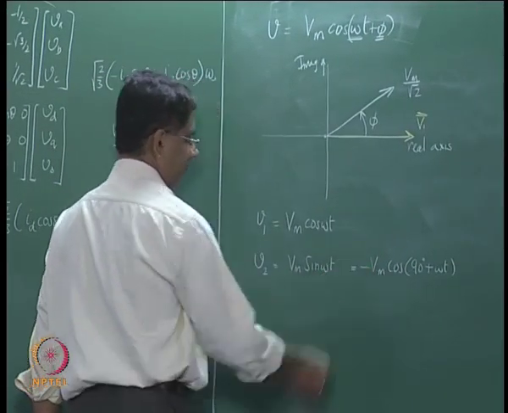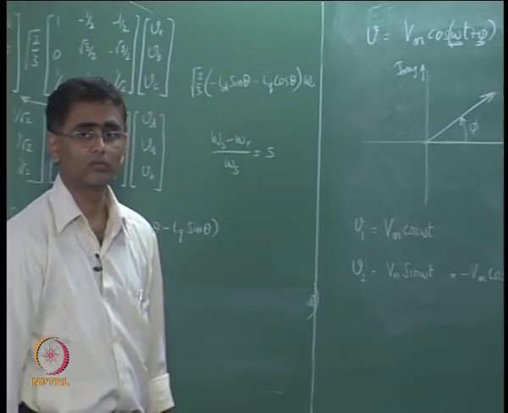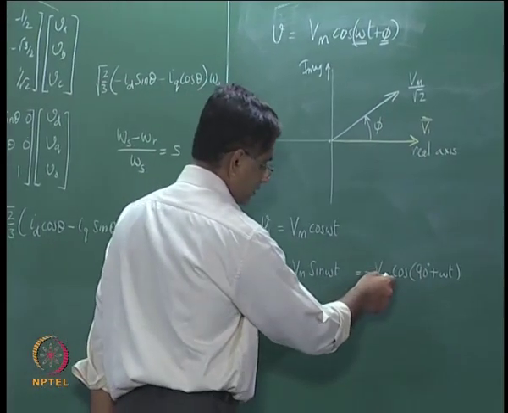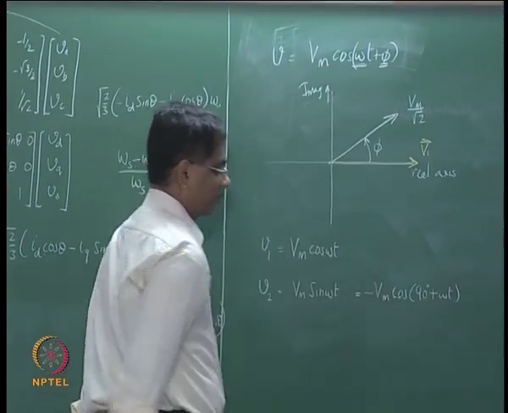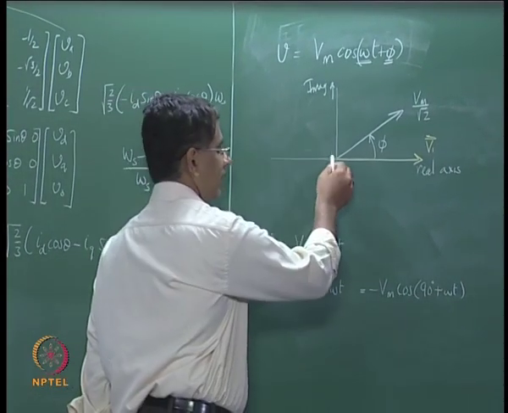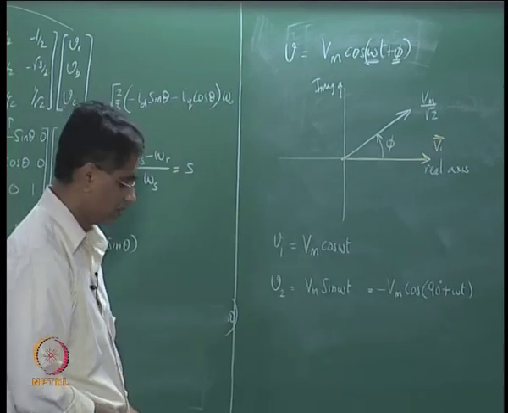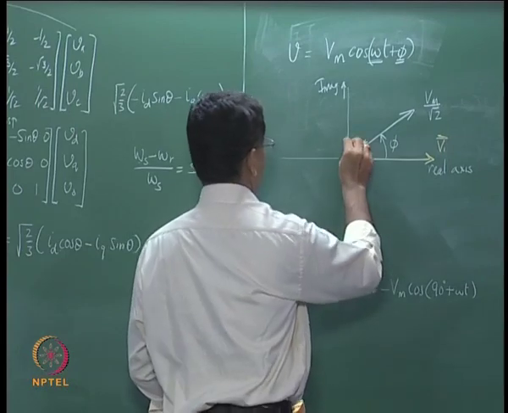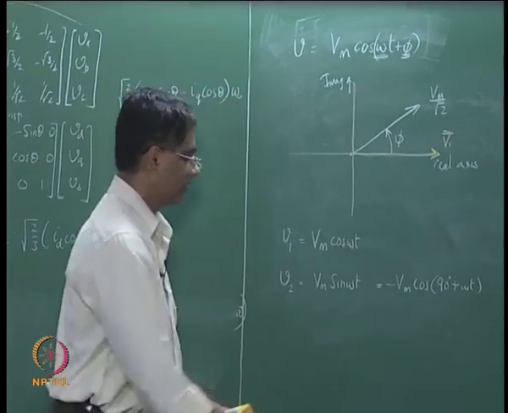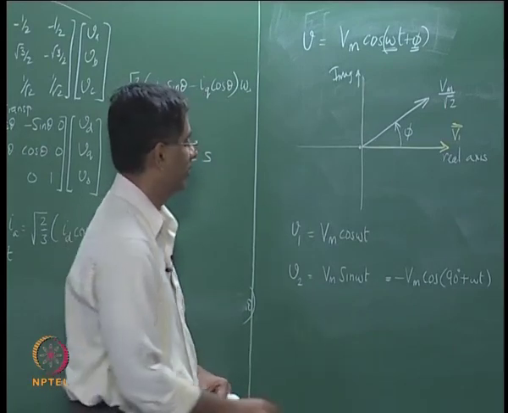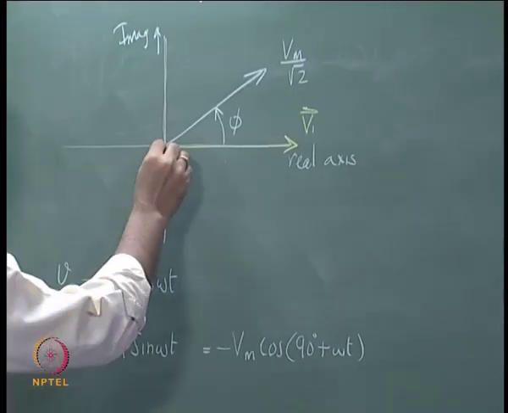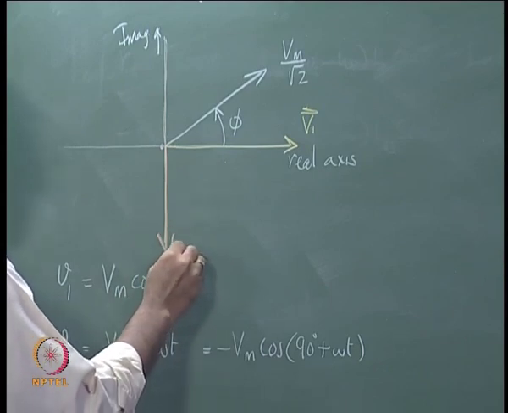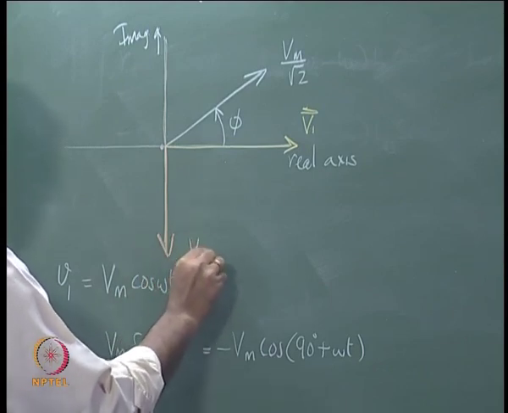So you put another minus sign here to get plus sin. So cos of omega t itself would be located along the horizontal here, and therefore cos of 90 plus omega t would have been located here, but then you have minus of cos 90 plus omega t, and therefore the V2 phasor would really lie here. This is your V2 phasor.